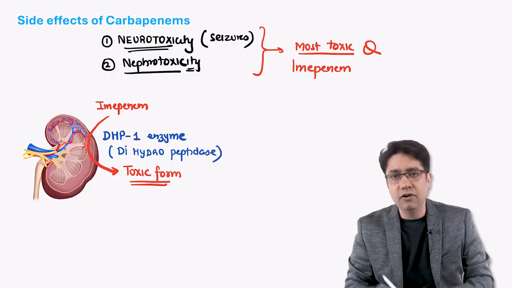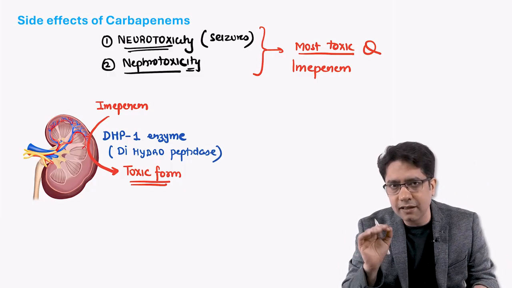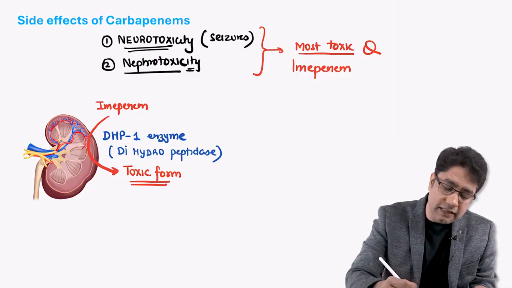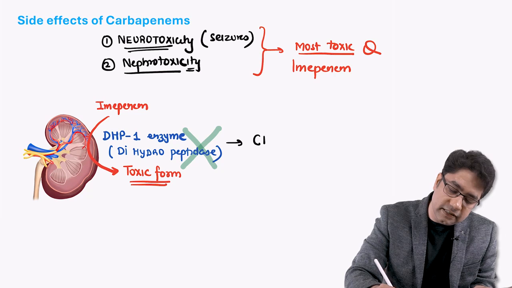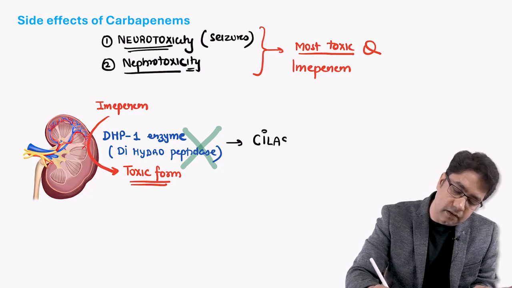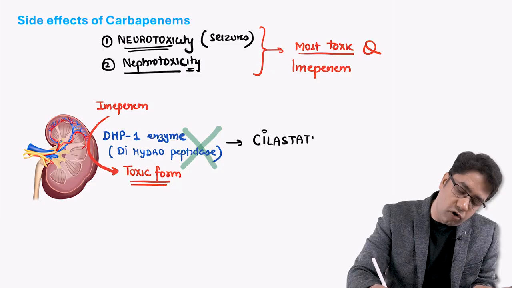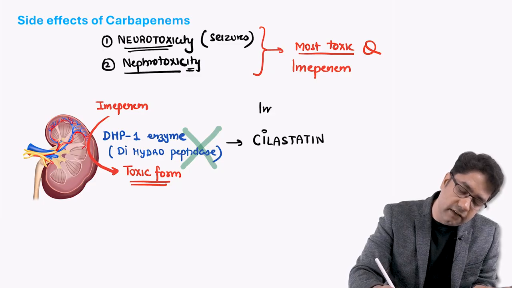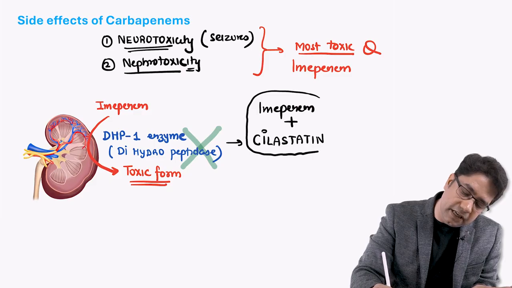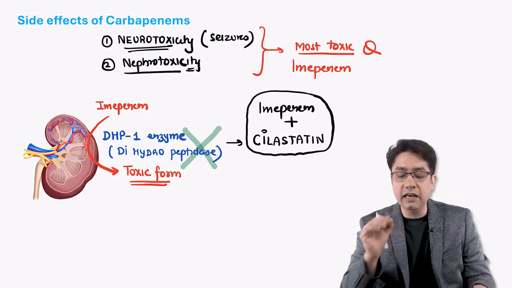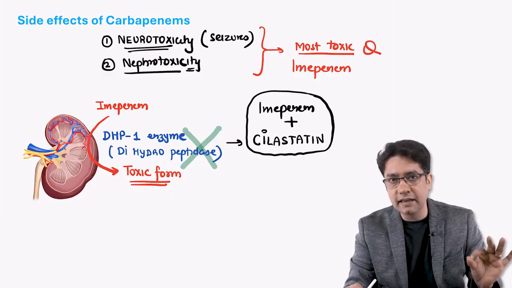So that is why, don't you think there is a need of inhibiting this enzyme? That is why imipenem is always combined with a drug known as cilastatin. So what is this cilastatin? Cilastatin inhibits the DHP-1 enzyme in the kidney.